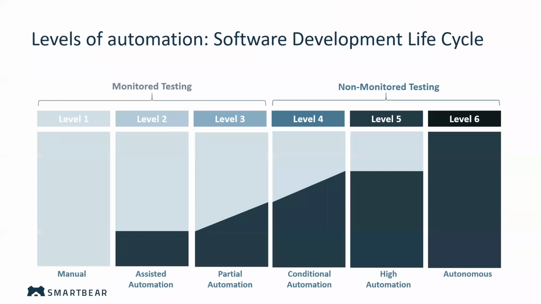So again, starting on the left, you have your level 1, and this falls into the monitored testing area. And this would be where the manual tester sits. We'll then move into level 2, which is your assisted automation, moving right through to partial automation and conditional automation.